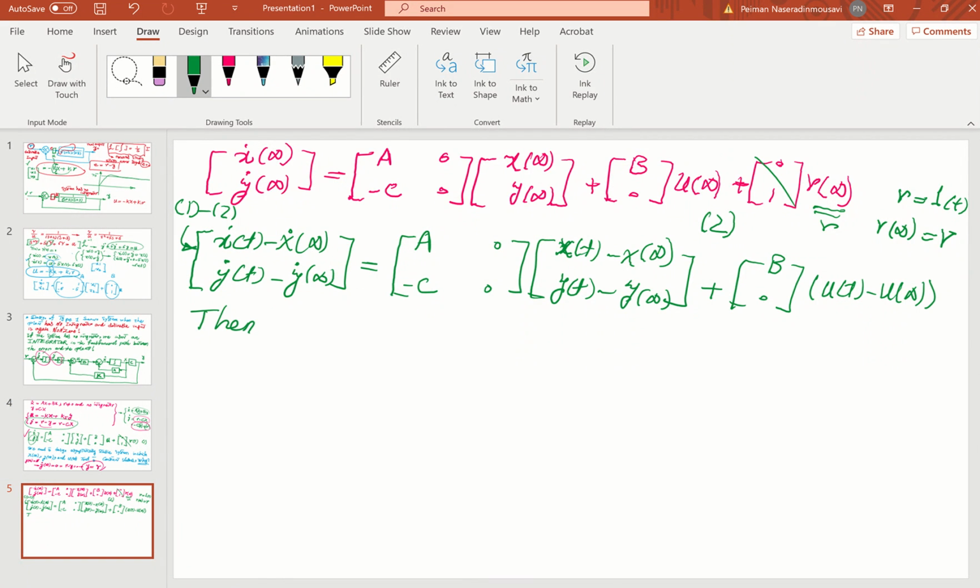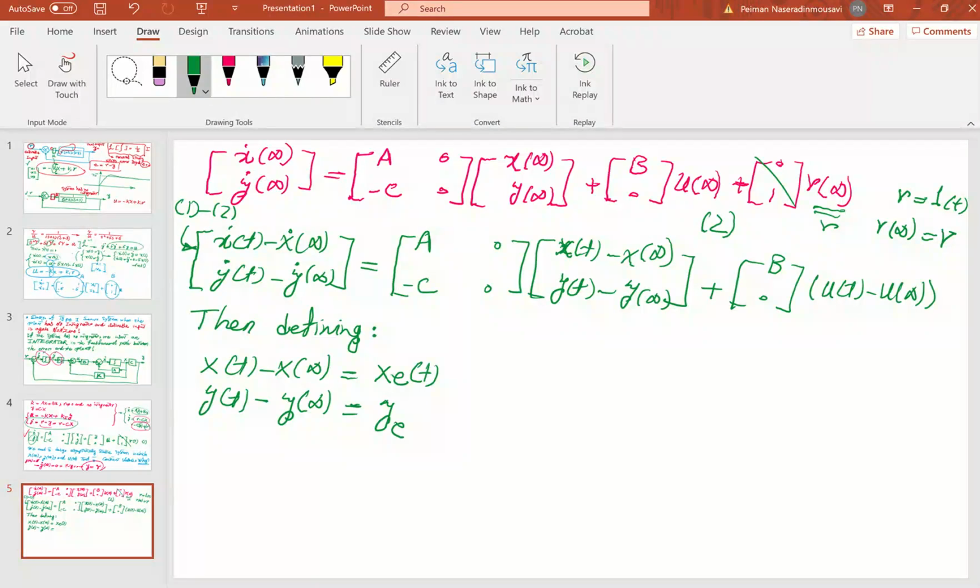Then we redefine the state variables. Define x dot of t minus x dot at the steady-state value as x dot e of t, and zeta of t minus zeta at time infinity as zeta e, the error signal of zeta of t, and u of t minus u at time infinity, the steady value of the control signal, will be u e of t.